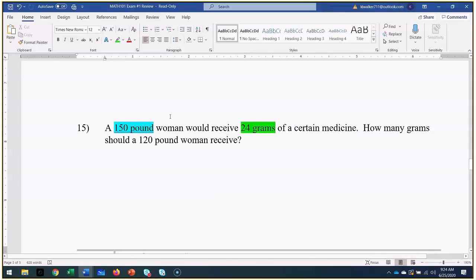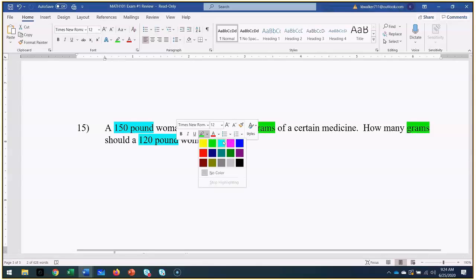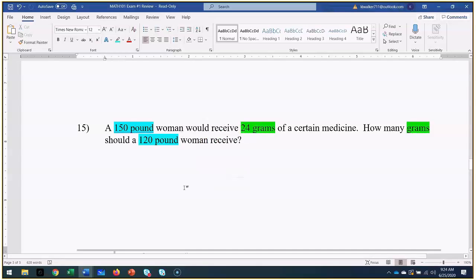You don't have to go in the order, but you just have to be consistent. Then they want to know how many grams should a 120-pound woman receive? You just put everything in the same places, pounds over pounds, and the grams will go over the grams.